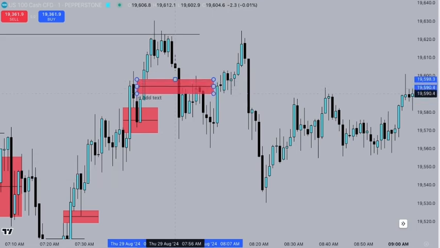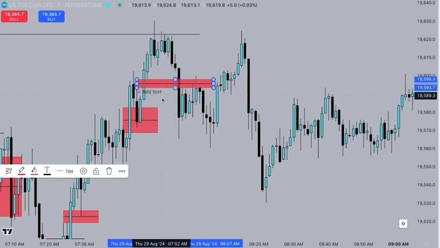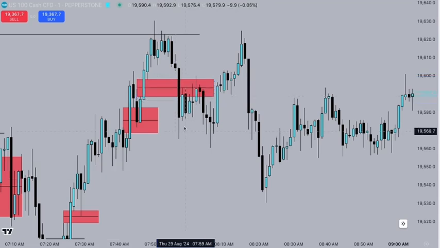But what that basically is just a stronger confluence, because when you have an inverse fair value gap like this and you see this black candle completely pass through it, then that's a stronger sign of market switch, even though you have a break of structure right here or right here or right here, whichever one.